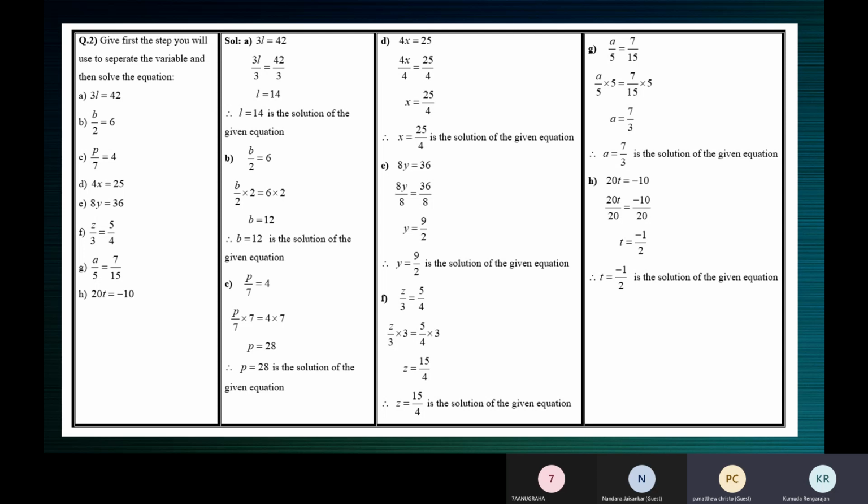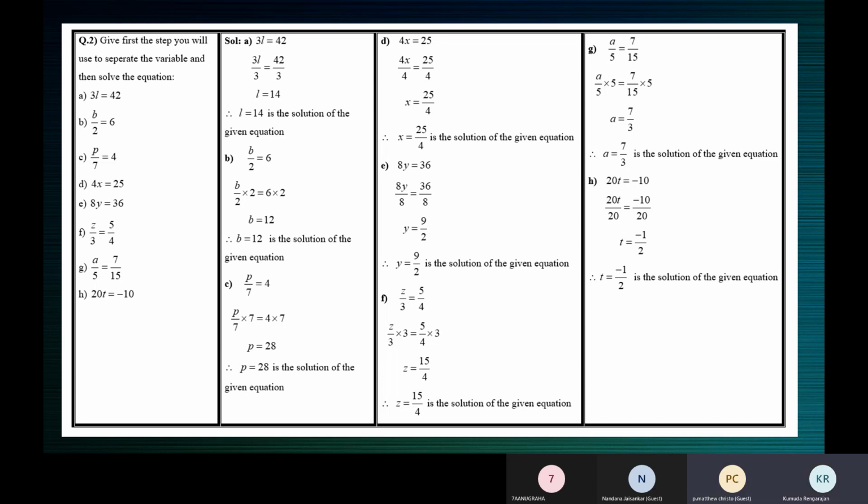In which term do you find P? In the term numerator. Okay, in the term P by 7. So you have to separate P from whom? Ma'am, 7, ma'am. So we should multiply P by 7 into 7, ma'am. So the 7 will be cancelled, ma'am. Okay. Then we should write when division is here, it will become multiplication, ma'am.